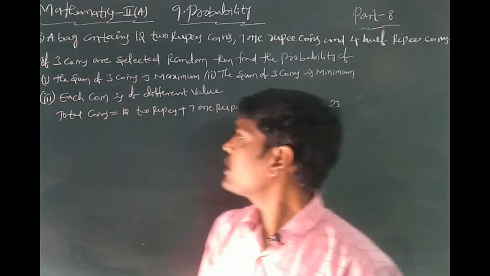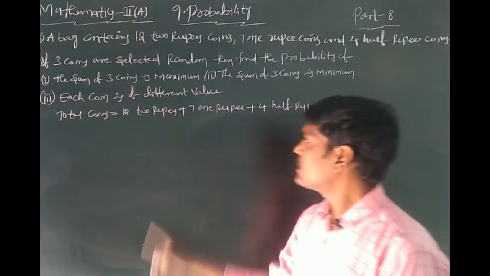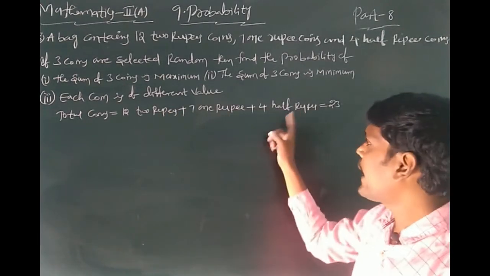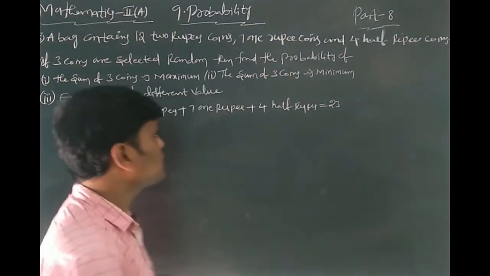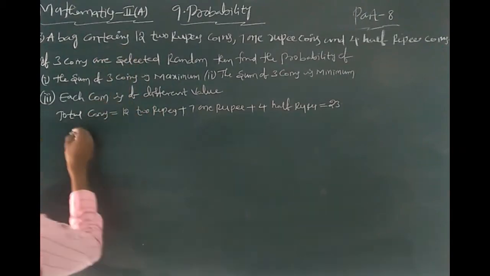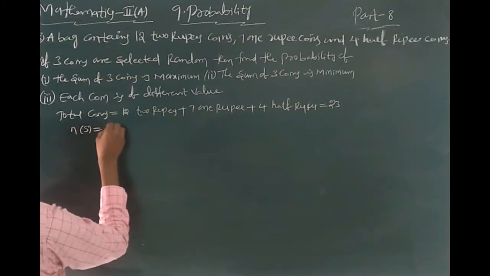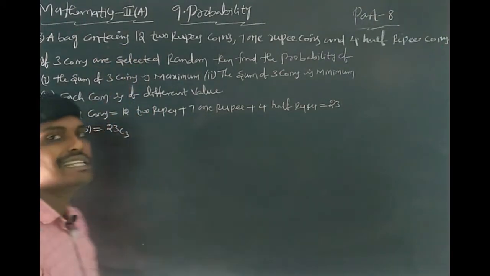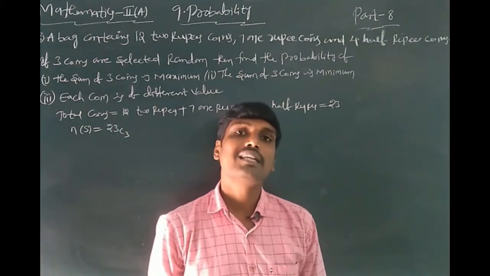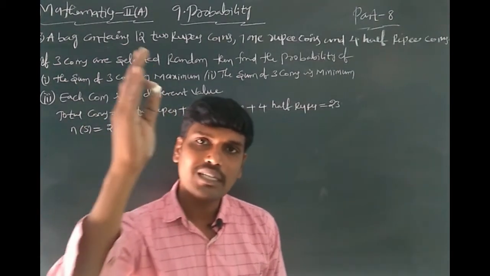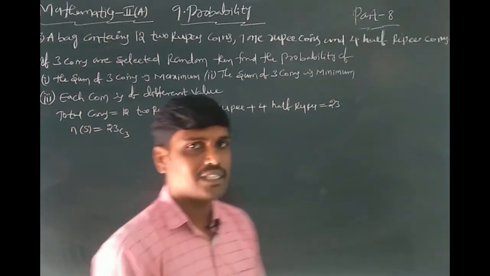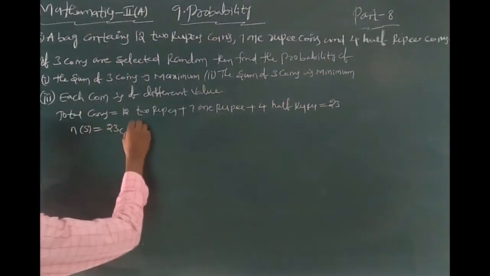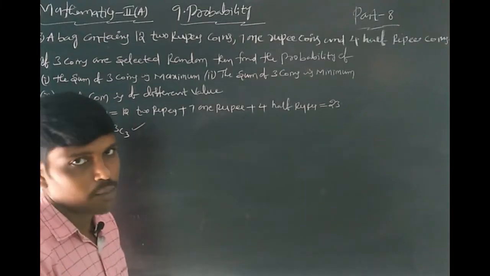In the 23, 12 are 2-rupee coins, 7 are 1-rupee coins and 4 are half-rupee coins. After that, from these 23 coins, you have to select 3 coins, nothing but 23C3. This is the total sample space, total possible outcomes.